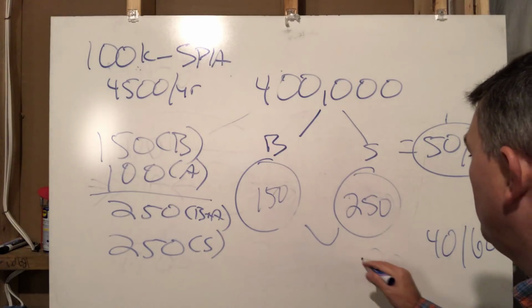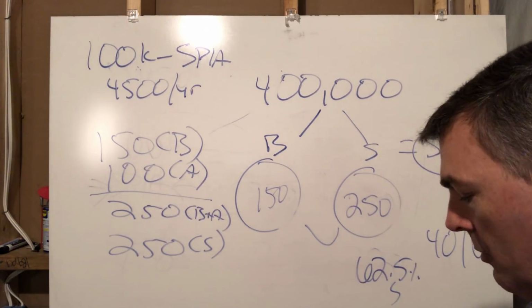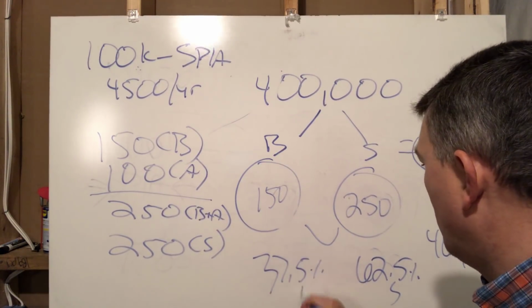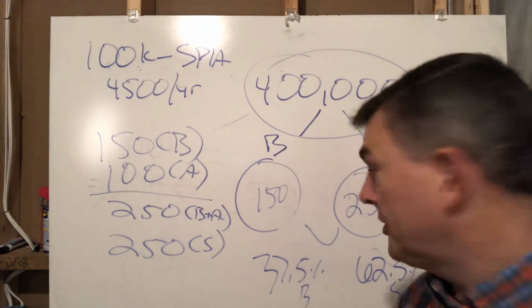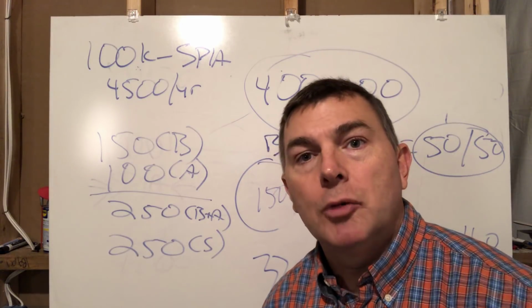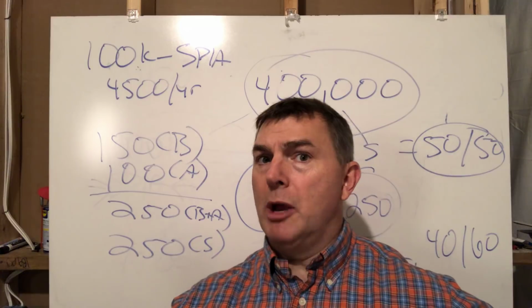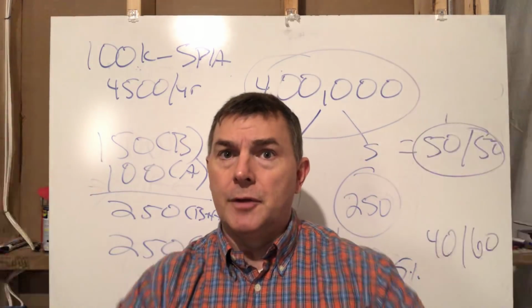So we got 62% stocks, and we got 37% bonds. So just on this amount right here is 62, 37. People are like, whoa, you're way too aggressive. So you go to a financial advisor and he says, oh, you're way too aggressive. You got two-thirds of your portfolio roughly in stocks and you said you're a 50-50 investor.